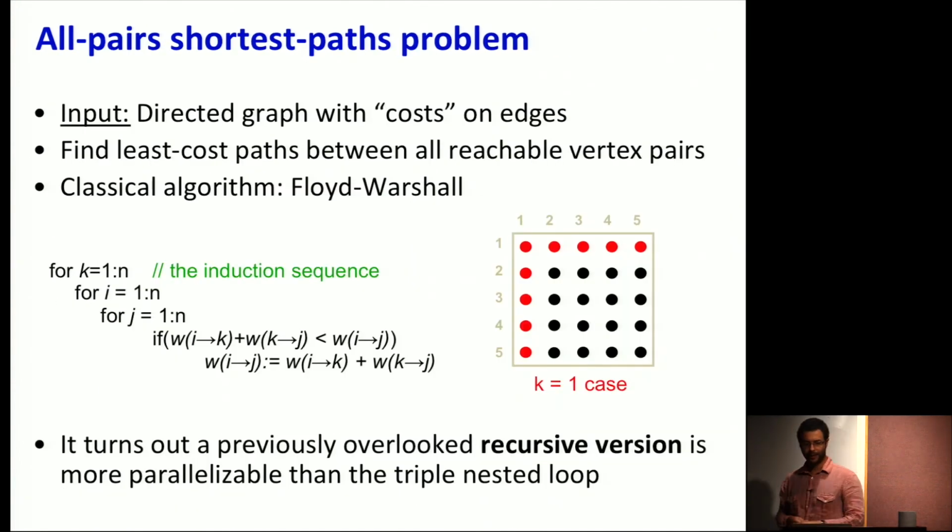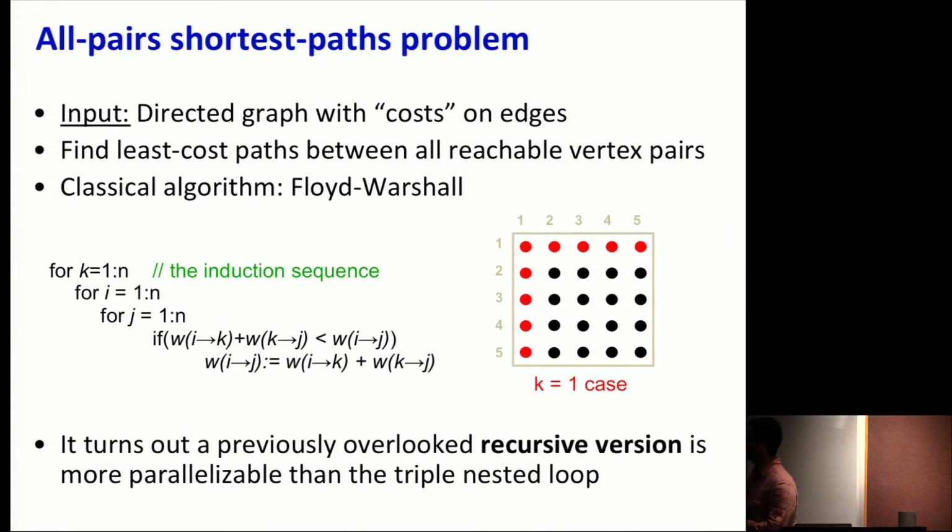OK, so far we've talked about single source shortest paths. Let's talk about all pair shortest paths. As the name implies, the problem is now to find the least cost paths, the minimum length paths, between every pair of vertices in the graph, as long as they're reachable.